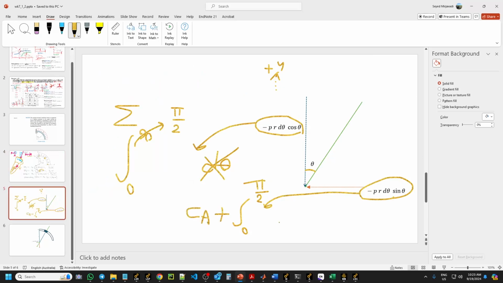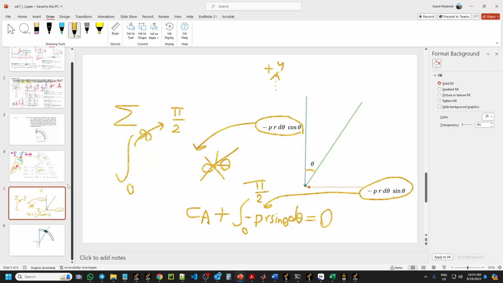So plus this equals 0. So minus P R sine theta d theta. I will always move d theta first and then sine theta. Why do I move d theta here? Because for doing the integration, you need to make sure that the differential part is at the end.